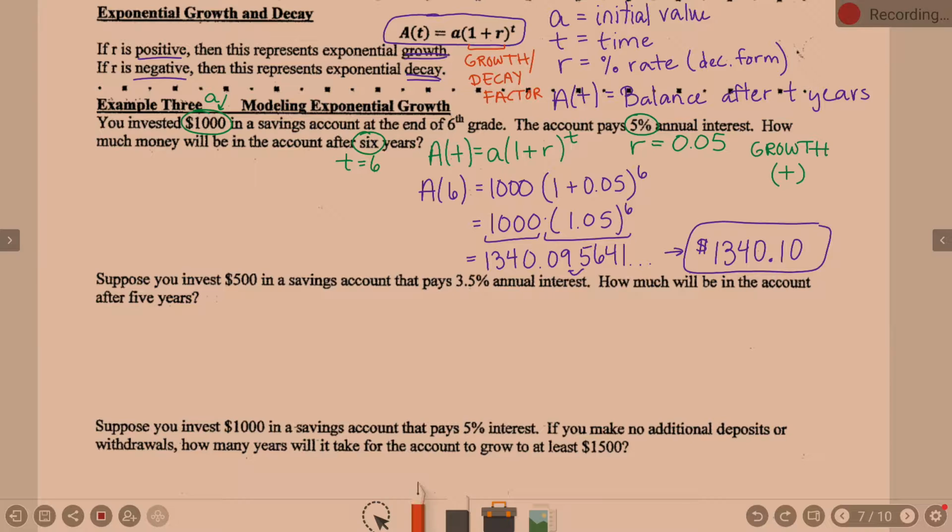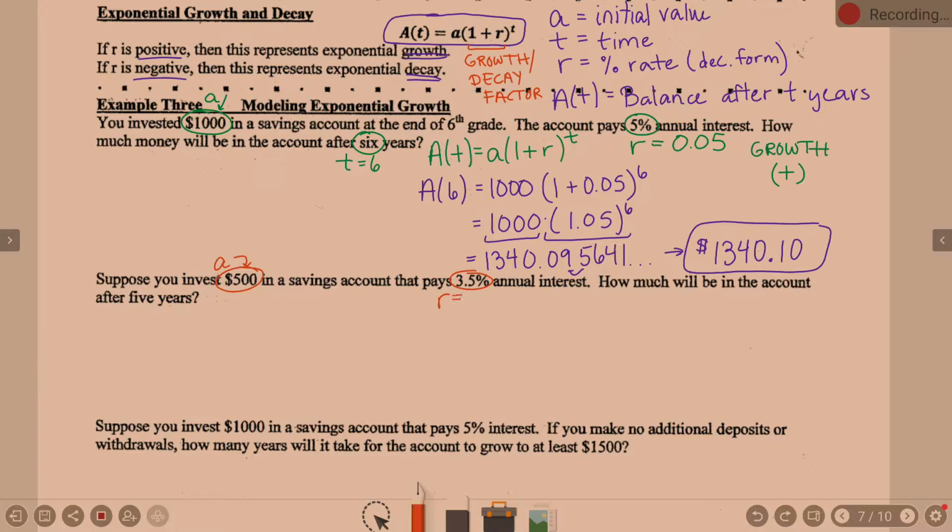You invest $500 in a savings account. 500 is the initial value. It pays 3.5% annual interest. What is that? Would that become 0.035? Yes. Okay, so that is my percentage rate.